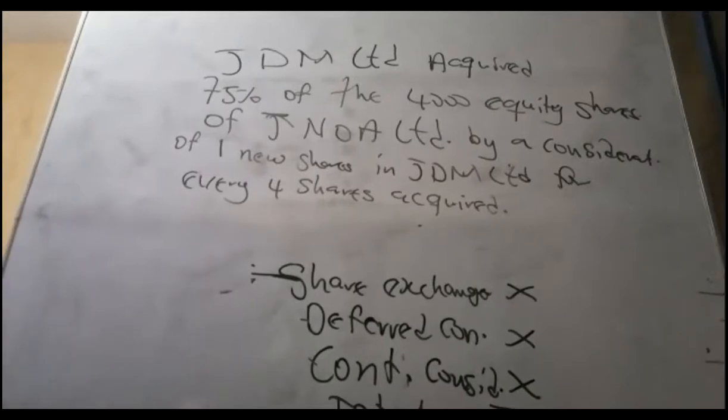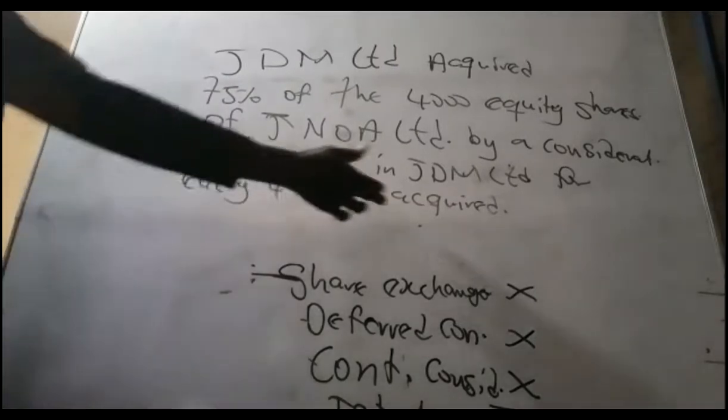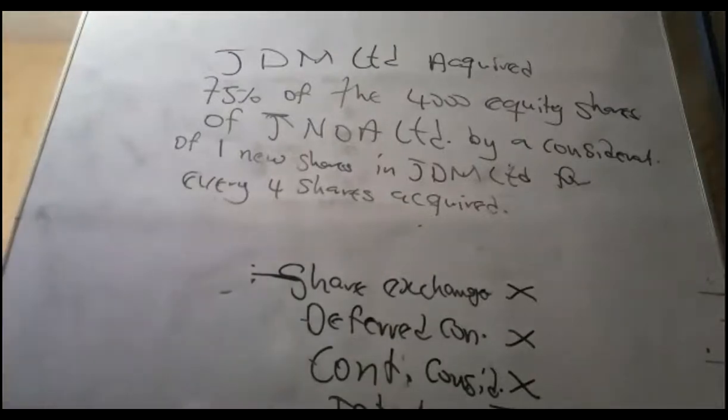By a consideration of one new share in JDM Limited for every four shares acquired. Full stop. At the date of acquisition, JDM share price stood at 5 Ghana cedis.